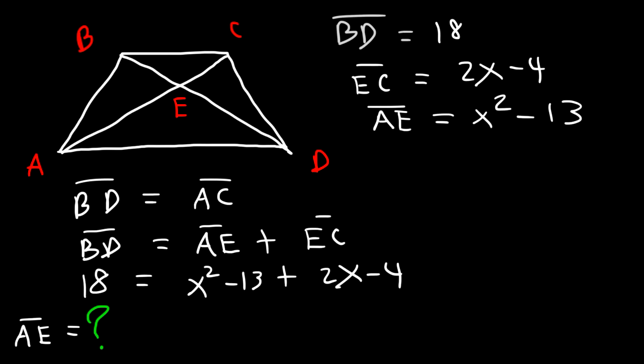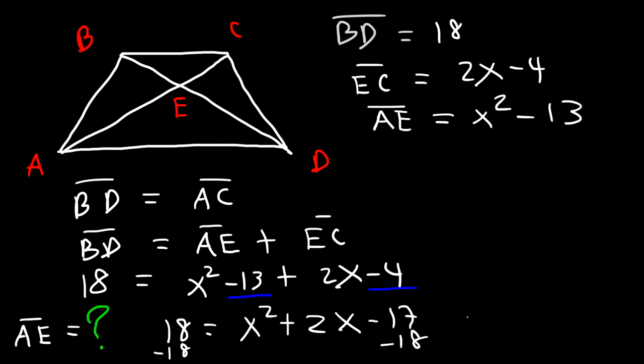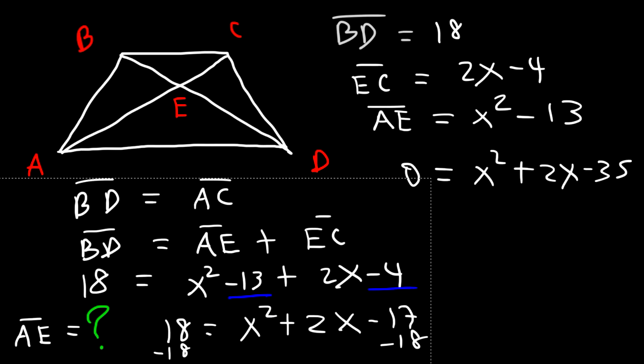So let's begin by combining like terms. Negative 13 minus 4 is negative 17. So we're going to have x squared plus 2x minus 17 on the right side. Now let's subtract both sides by 18. So x squared plus 2x, and then we'll have negative 17 minus 18, which is negative 35. Now we need to factor this expression.